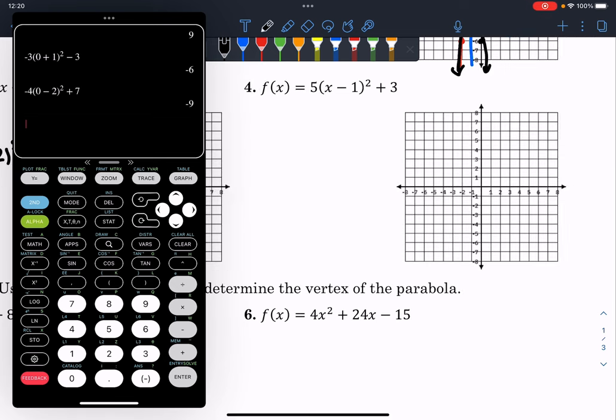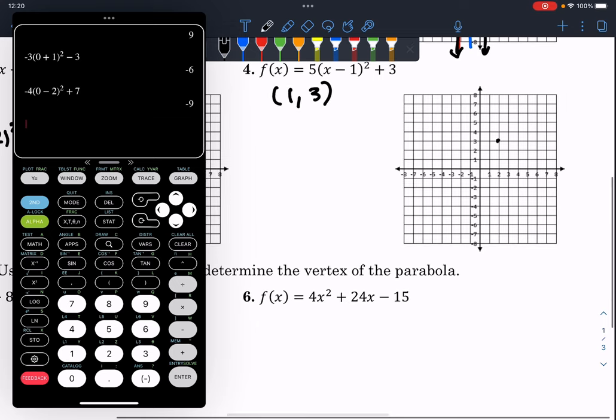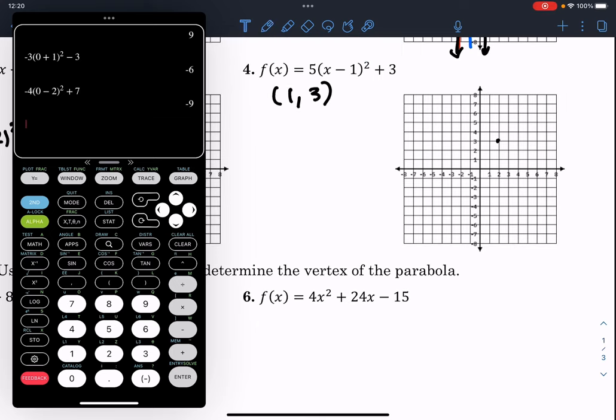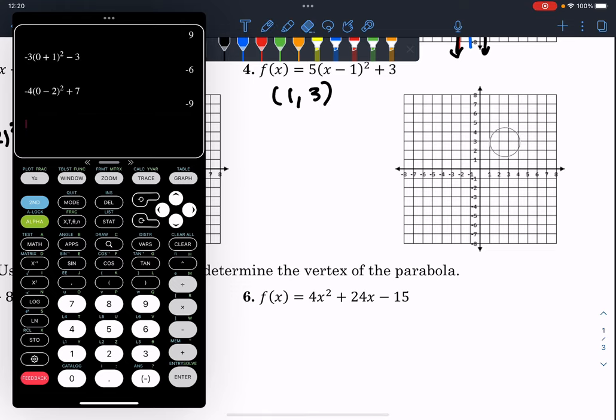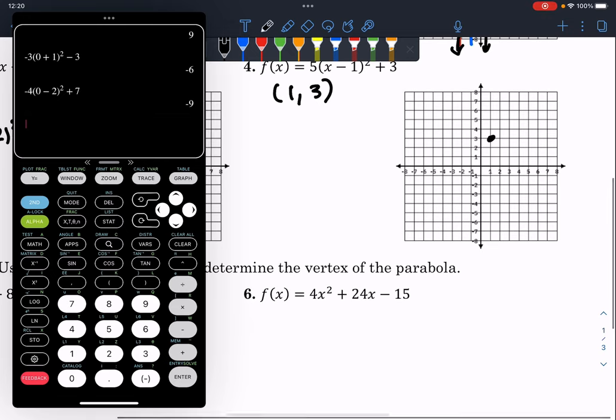Now for the fourth example, our vertex is at +1, 3. There's our axis of symmetry. Let's now find the y-intercept.